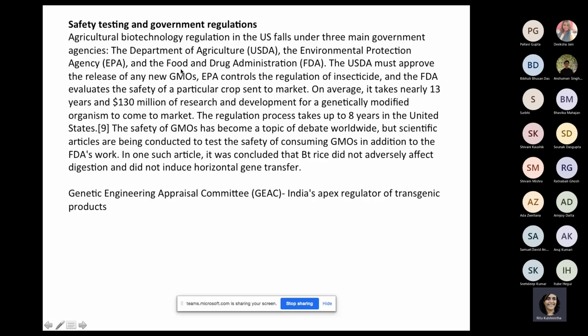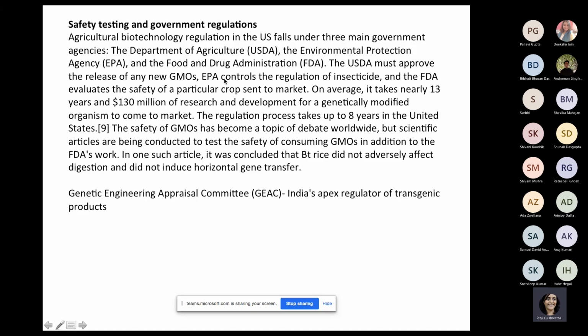And the third is the Food and Drug Administration, because of course it is a crop and many of these are used as direct food for humans. I mean, not all, like cotton is not directly consumed by humans, but many fruits or crops are consumed by humans. So obviously, the Food and Drug Administration agency also is required to give the approval.